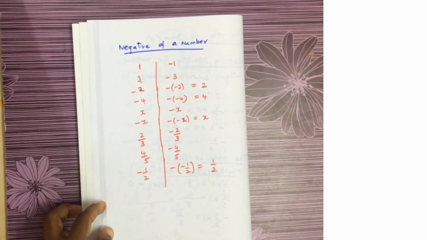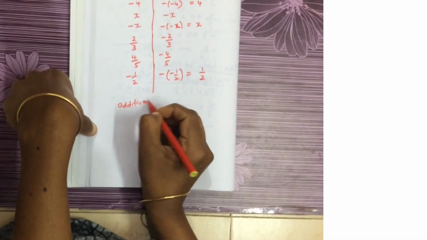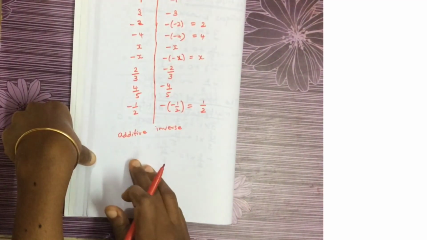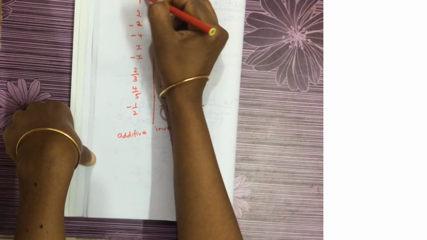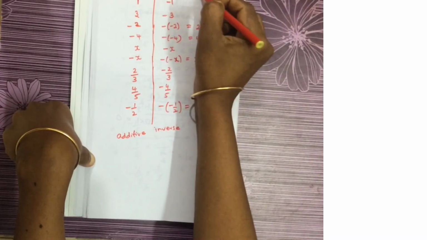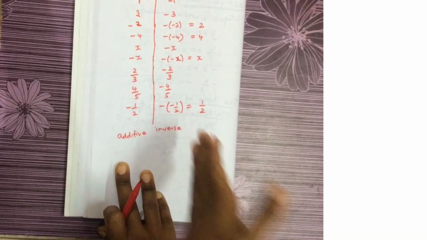So this negative of a number is also called the additive inverse. Same thing you can write: this is a number, and for this there is the additive inverse. Whenever you add a number with its additive inverse, you will get 0.